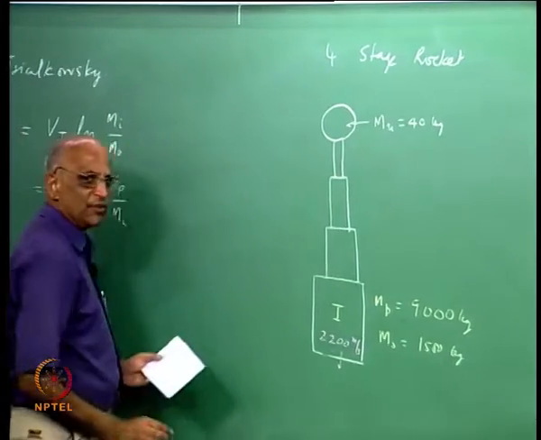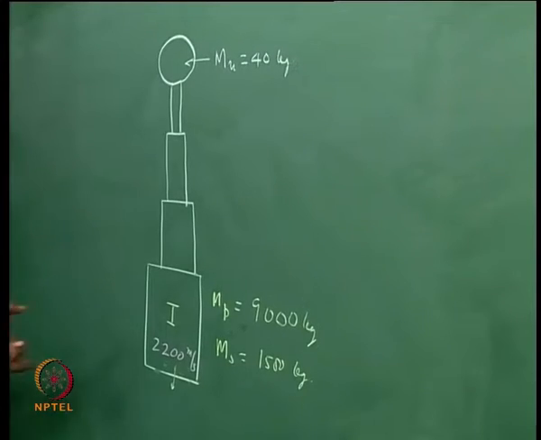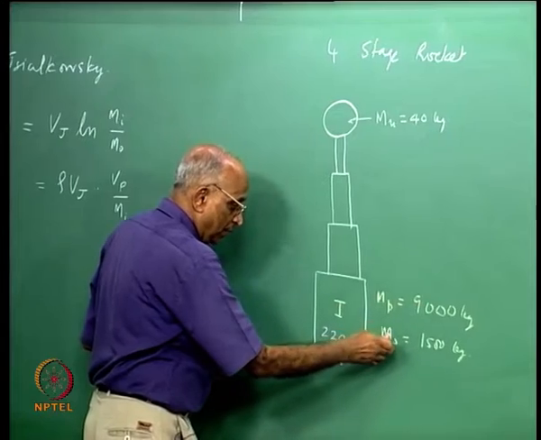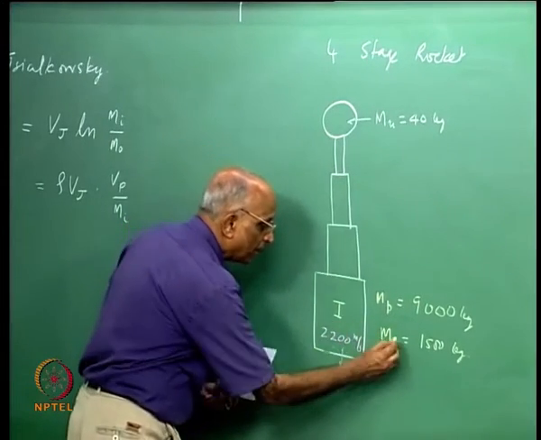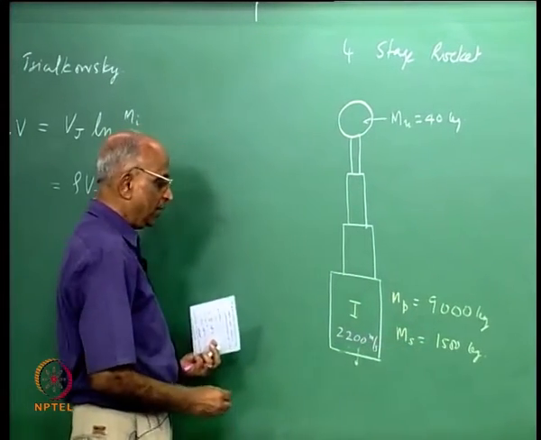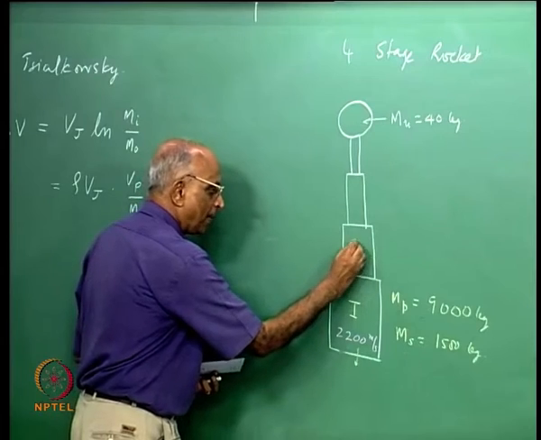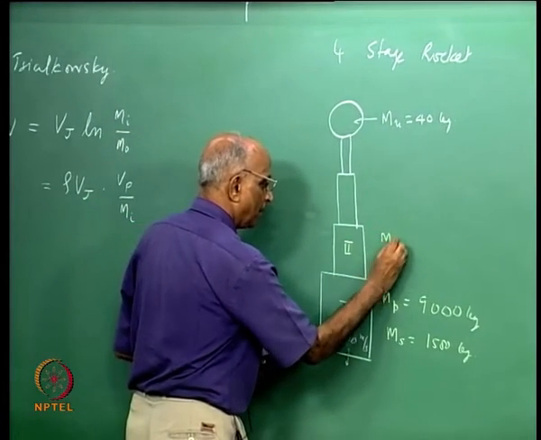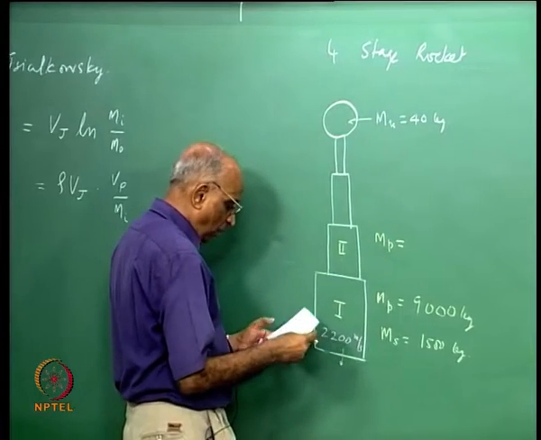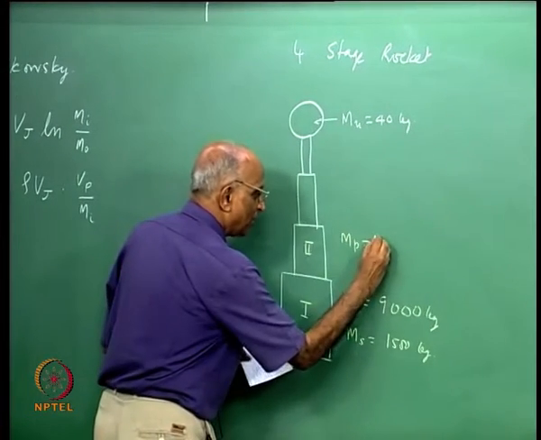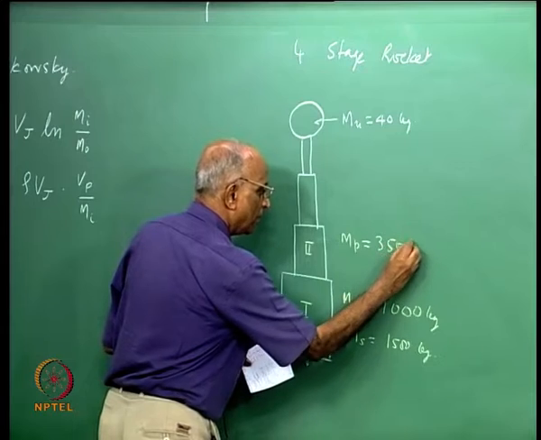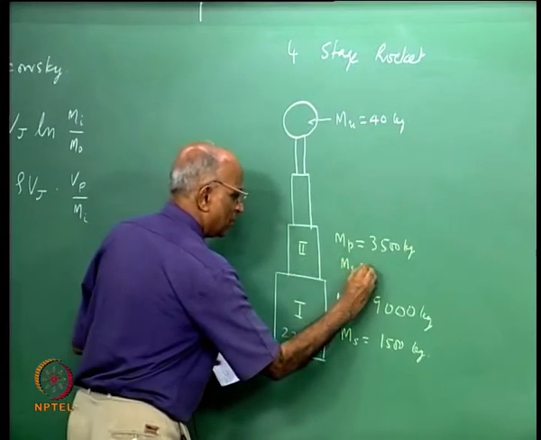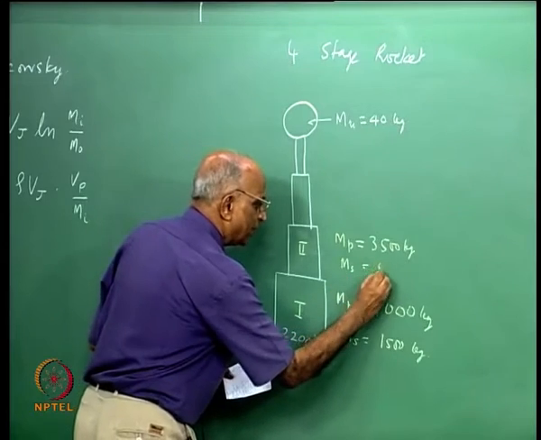Now, on top of this stage, which has a propellant mass of 9000 kg and structural mass ms of 1500 kg, the second stage sits, and this stage has a propellant mass equal to 3500 kg, and the mass of the structure of this stage is something like 550 kg.